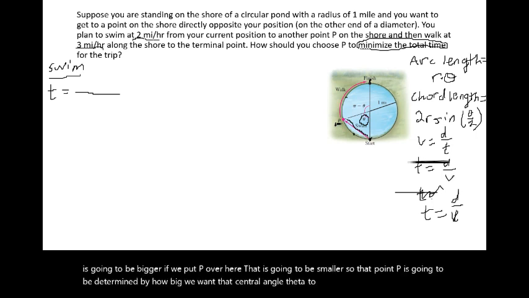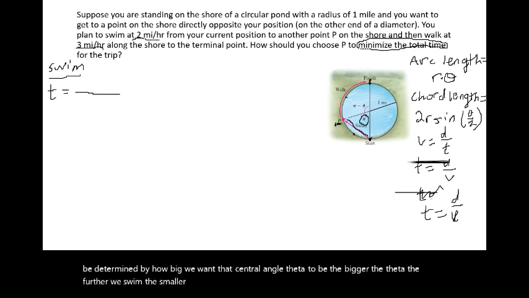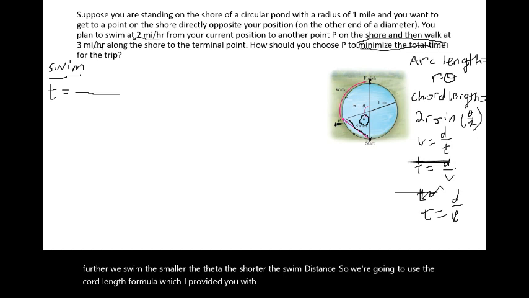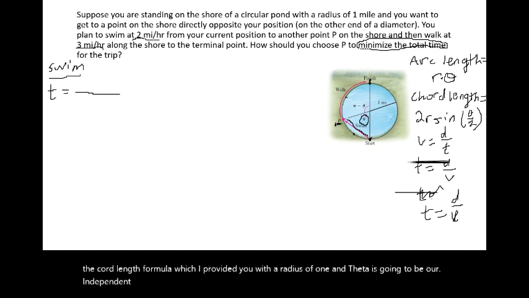The bigger the theta, the further we swim. The smaller the theta, the shorter the swim distance. So we're going to use the chord length formula, which I provided you, with a radius of 1, and theta is going to be our independent variable. So the total swimming distance is going to be 2 times the radius, 1, times the sine of theta over 2.